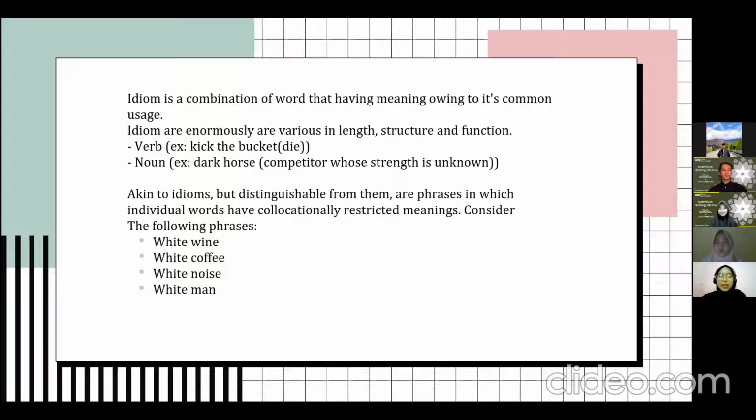But many people call that wine white wine. It's like white coffee. White coffee is not coffee that has a white color, but maybe this coffee has a brighter color than black coffee.